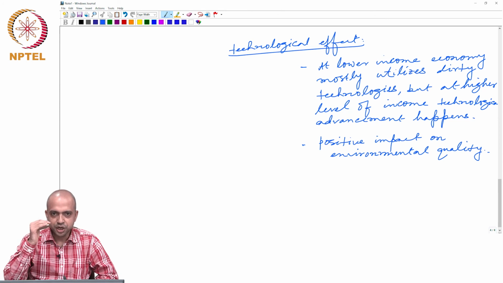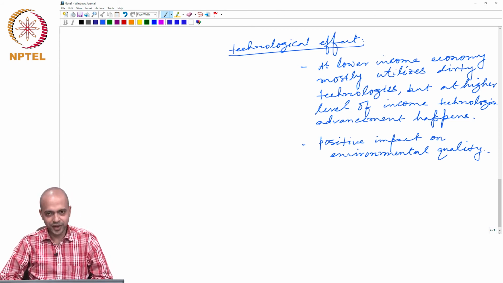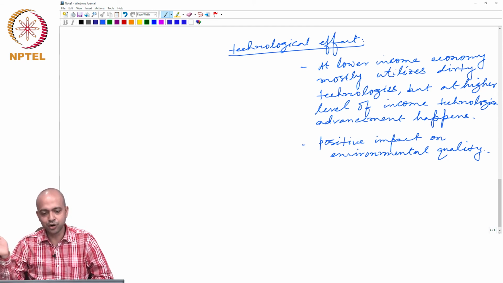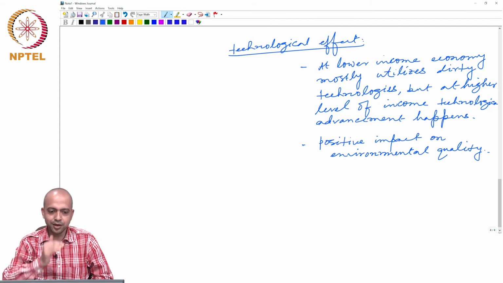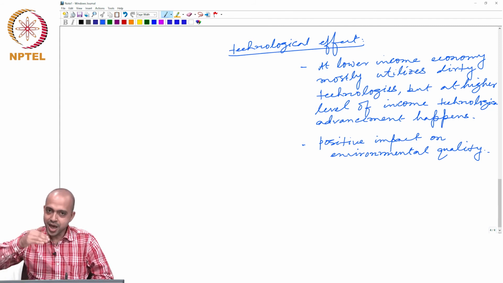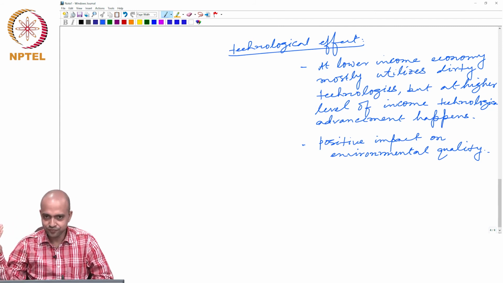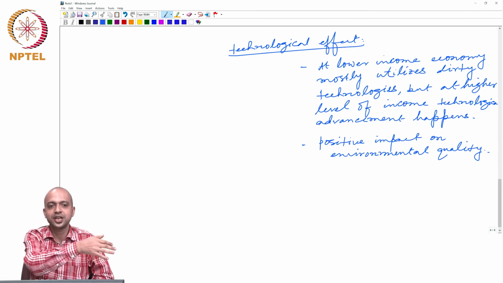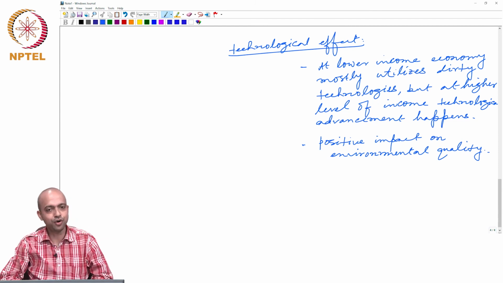So, the negative impact of the scale effect outweighs the positive impact of technological and composition effect. At a higher level of income, the positive impact of composition and technological effect outweighs the negative impact of the scale effect.